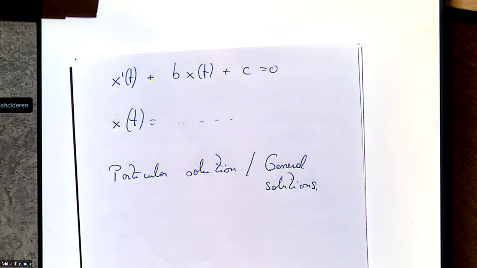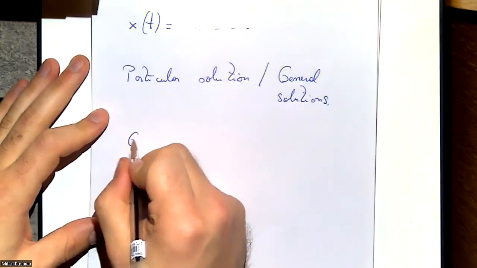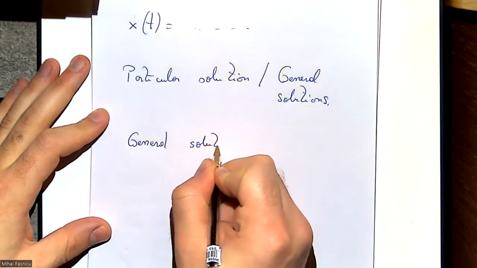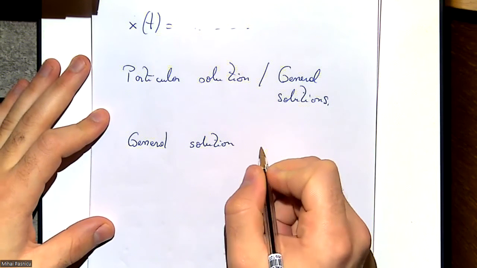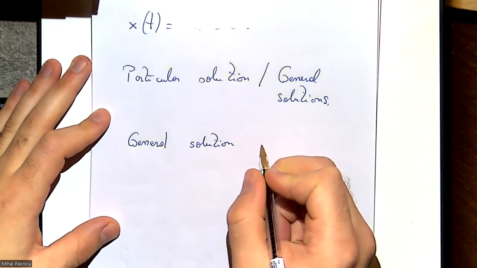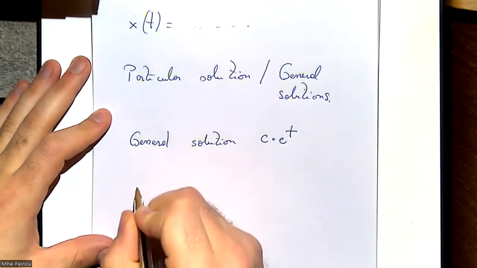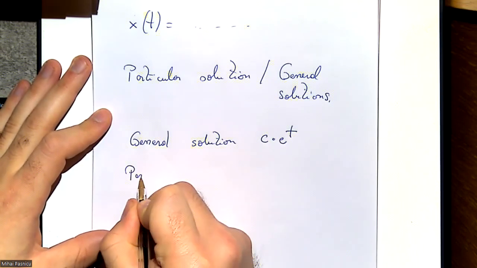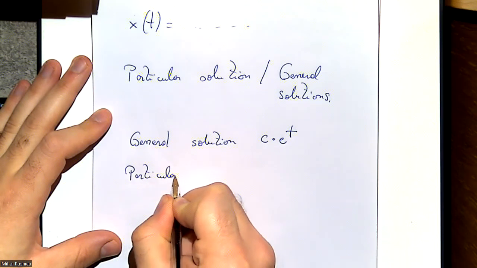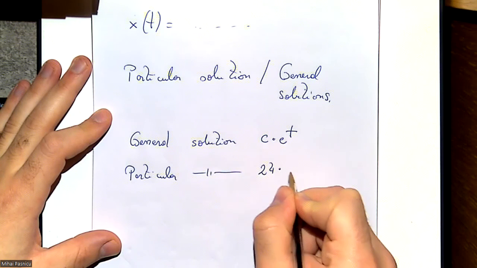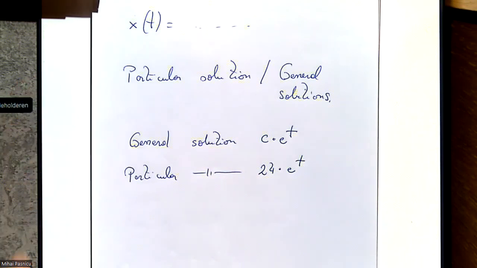For example, if my general solution is a constant times e to the power of t, then a particular solution might just be 24 times e to the power of t.